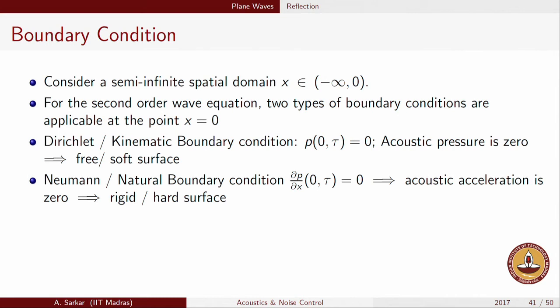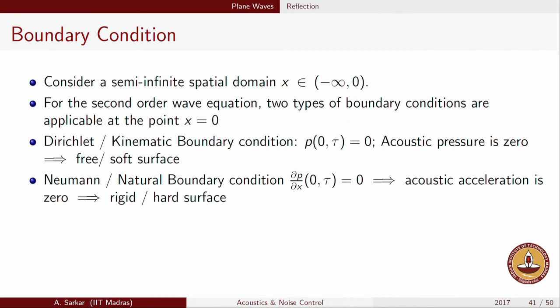If the acceleration is 0 for all times, the velocity is constant. Remember, we are dealing with a situation where the particles, if at all they have motion, have to be oscillating. So if the acceleration is 0, either the velocity is constant or it is 0.